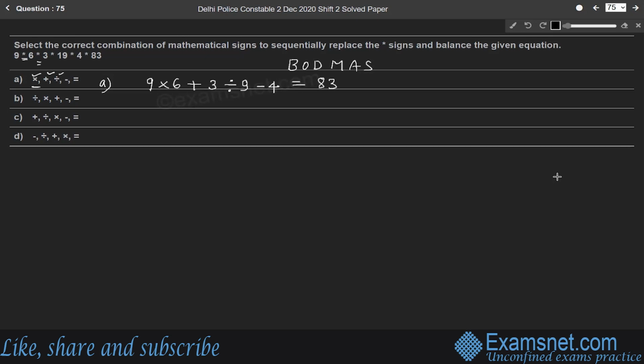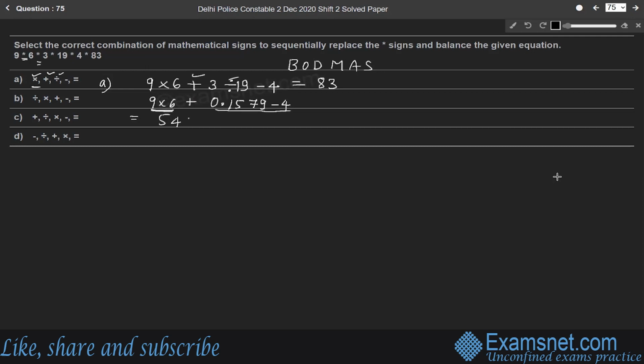So let us check whether it is right or not. According to BODMAS, the first part is the division part. 3 divided by 19 is 0.1579. Minus 4, which is equal to, next comes the multiplication part, 54 plus 0.1579.